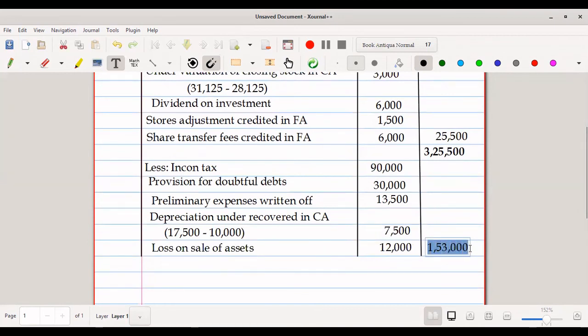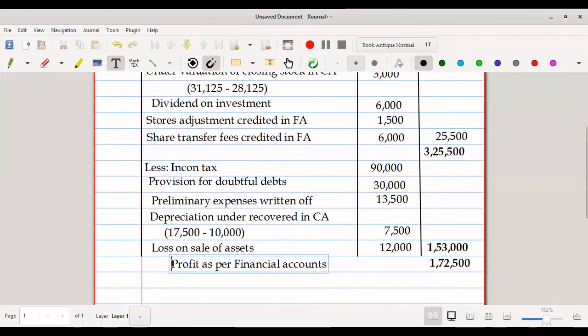Let us see what the amount will be. 3,25,500 minus 1,53,000 comes to 1,72,500. So this is the final answer. What is this now? This is profit as per financial account.